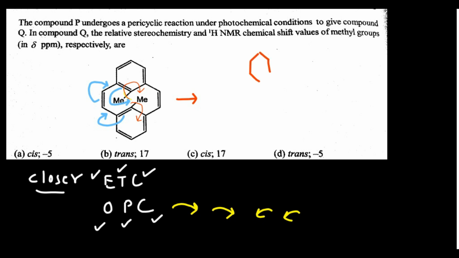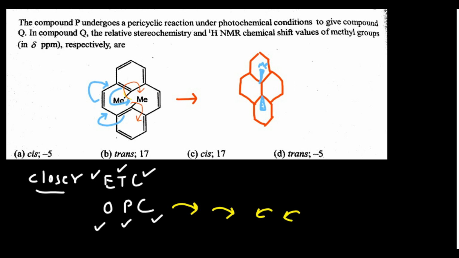Right, this, and then again I can draw ring here, and then I can connect them like that, okay. And say this methyl has gone up, this is Me, and this methyl came down, dashed wedge.